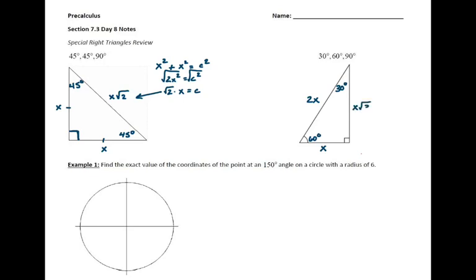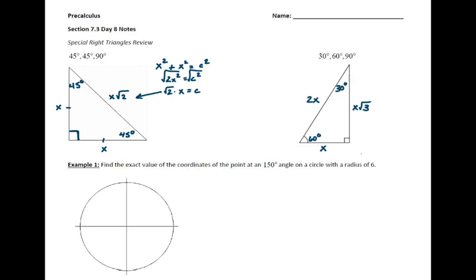So then the third side would be x root 3, where x is the length of the small side. So in terms of what's bigger, x is the smallest, x root 3 is the next largest side, and 2x is the hypotenuse, which should always be the longest side. And I'm just saying that because if we label these wrong, then it'll throw off our coordinates when we start putting them on a circle.